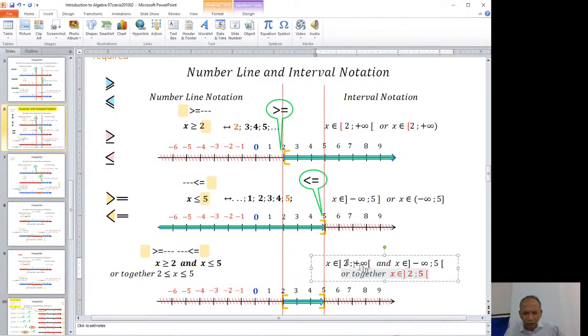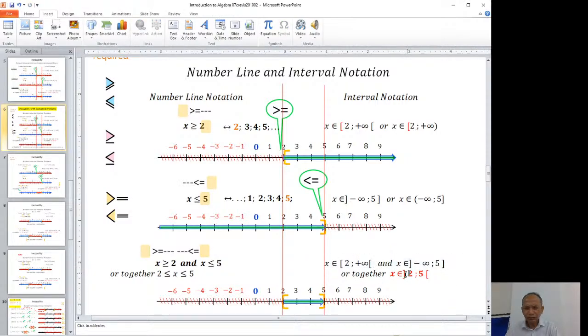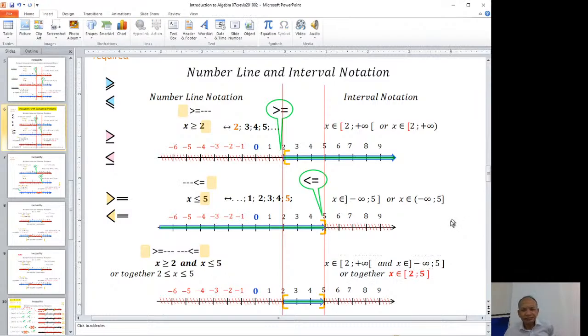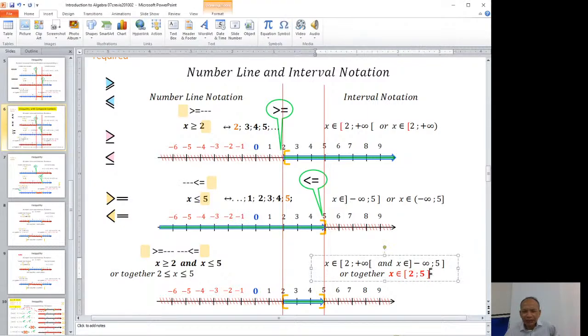We have to write it like this: 2 to 5. Altogether, the bracket must turn toward number 2, and the bracket here must turn toward number 5. It means that we take 5 and we take 2. Okay?